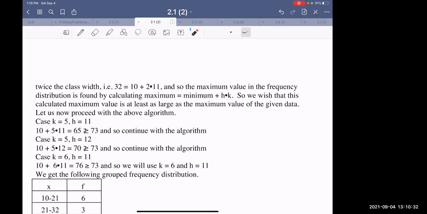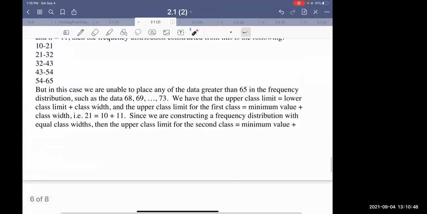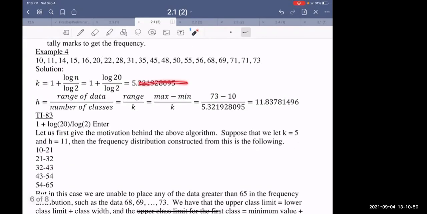So let's do this. So now our algorithm is as follows. We start with, where we truncate both h and k. So truncate h and k, meaning get rid of all the decimals. So get rid of the decimals. So just 5 and 11.